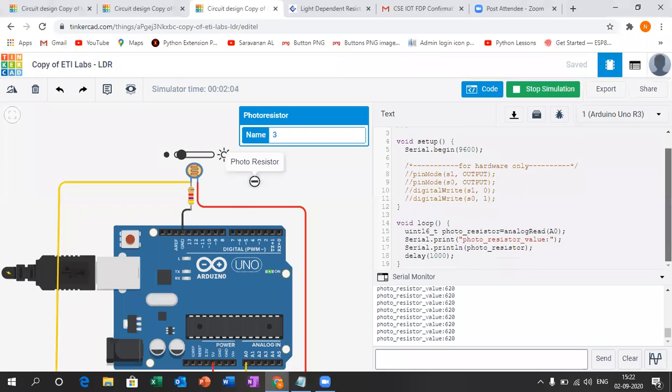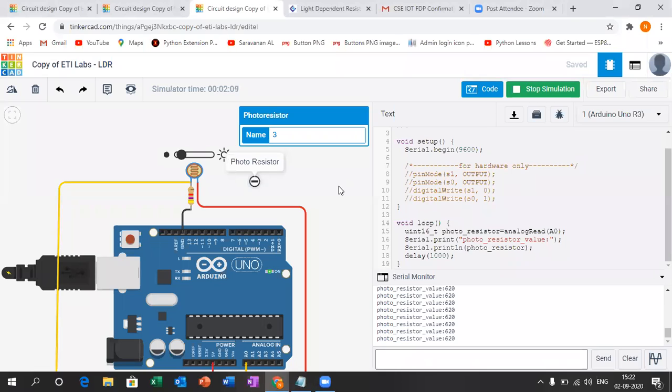Yes, it's visible. So where did I leave off? Now they're asking that there is some connection problem. Their voice is not proper.